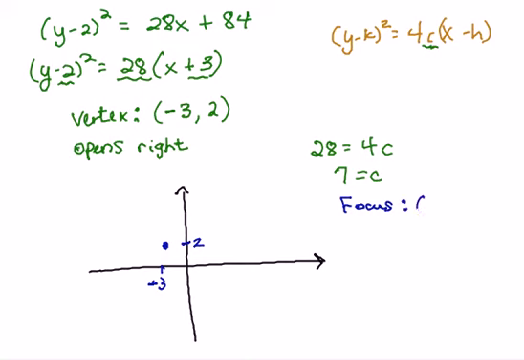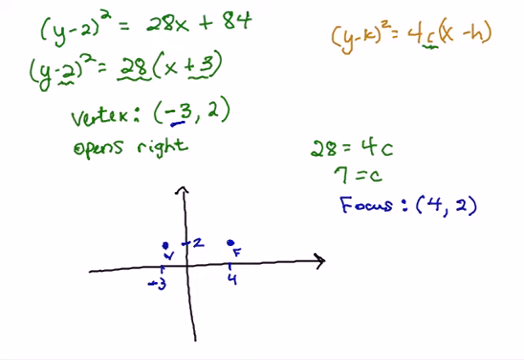And so that means that my x-coordinate here for the focus is going to change. Right now my x-coordinate is at -3 on the vertex. If I go 7 units to the right, then I'm going to end up at 4. -3 plus 7 is 4. And the y-coordinate, of course, is going to stay the same. That's a 2. So we'll say about right there. That's our focus. This is our vertex.